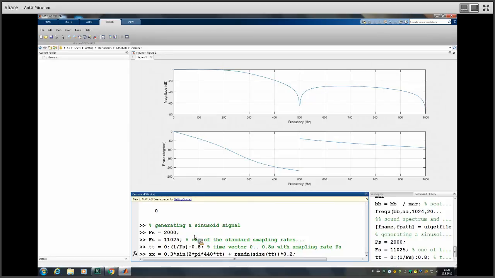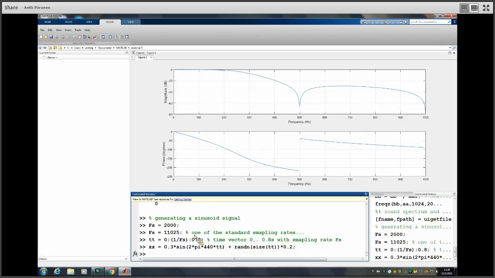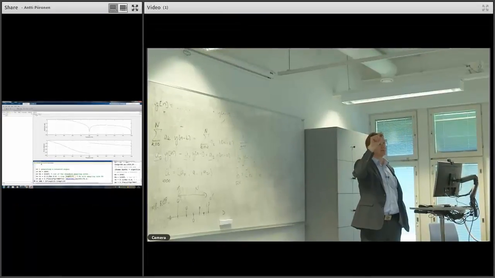So what is the signal to noise ratio here? Calculating the signal to noise ratio would be 20 times log 10 of the signal standard deviation, which is 0.3 divided by square root of 2. If it had an amplitude of 1 sinusoid, then this standard deviation is 1 over square root of 2.